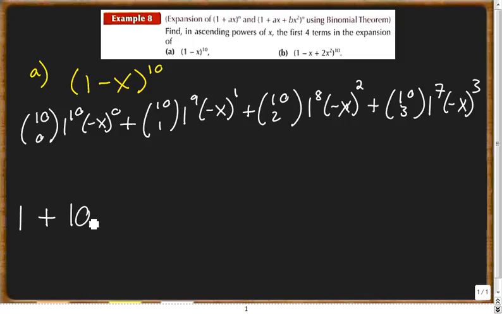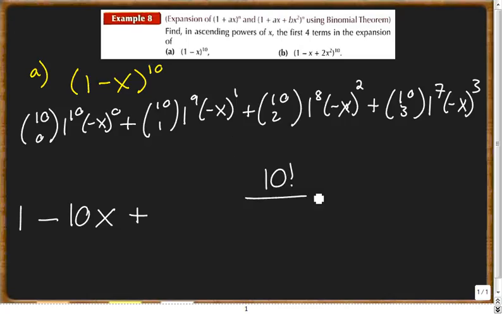So how does that affect that? Well, instead of negative x, this is now going to be a minus 10x. That's it. Then we are adding again. And we'll remember that since this was negative, the next one is going to be positive, because it's going to alternate. And so then we have 10 choose 2. So this one becomes a little bit different.